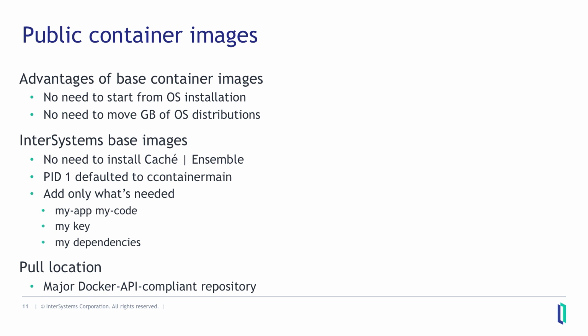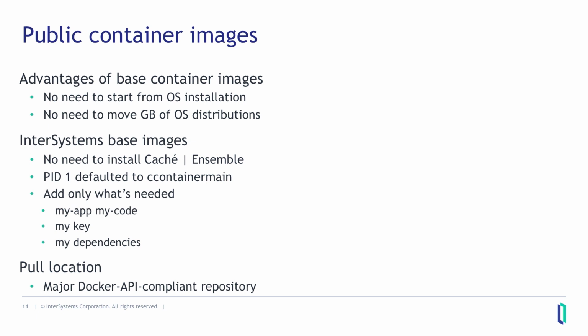So with the InterSystems-based images, you don't need to install Cache, Ensemble, InterSystems Iris, any of those things. Also, for a container to stay up, it needs to be doing something, right? The hello world came up, did its job, and went away. So we have a little program called ccontainer-main that runs as PID 1, so it basically keeps the session alive while the container is started.